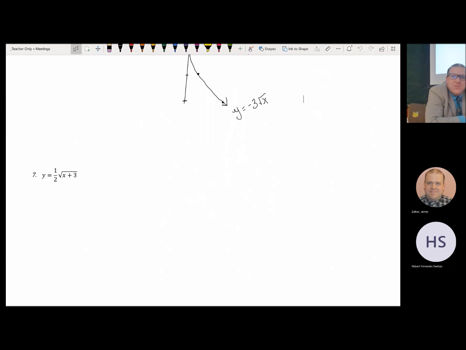Vertical compression, what's the factor? Factor of 2, right? So it's going to be compressed vertically by a factor of 2.